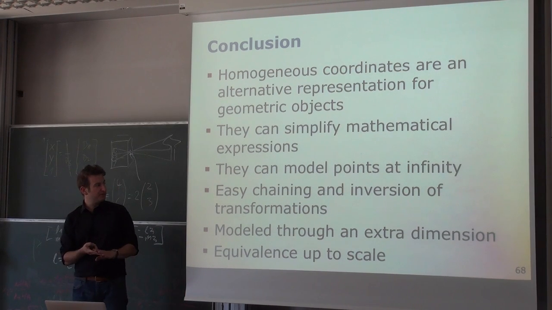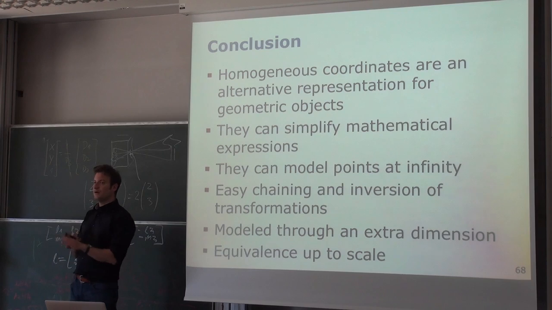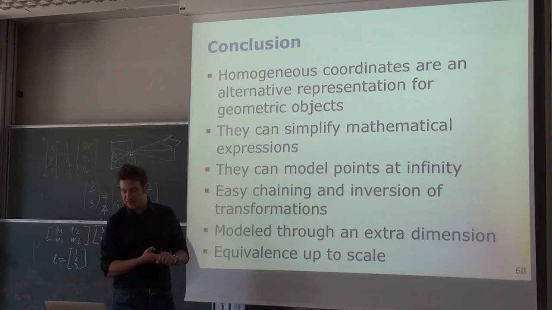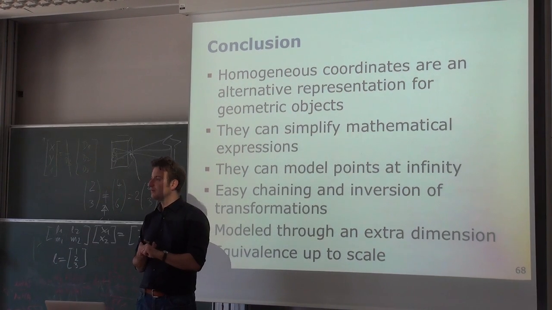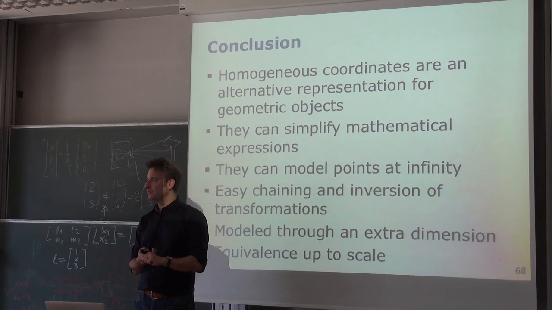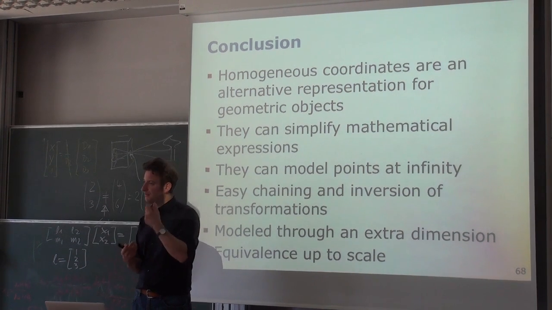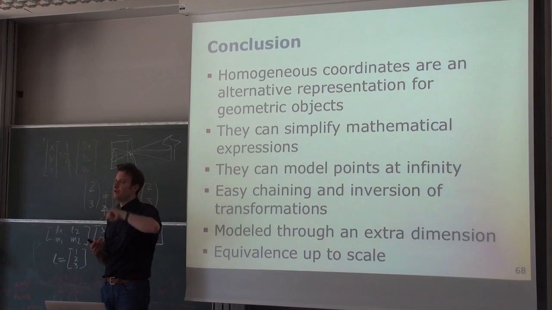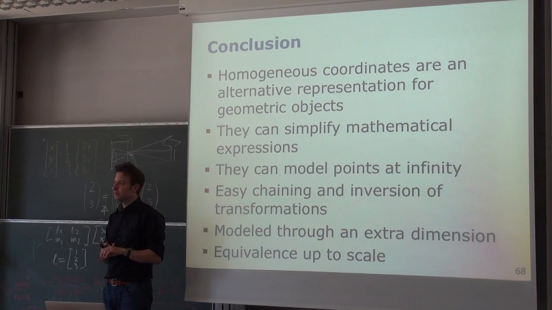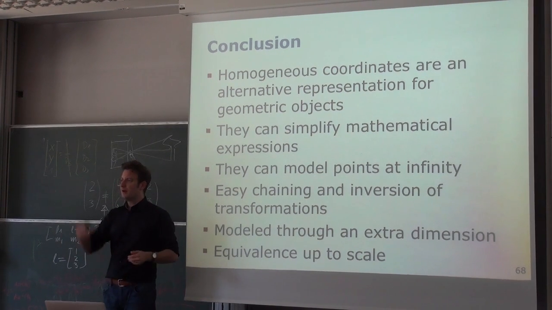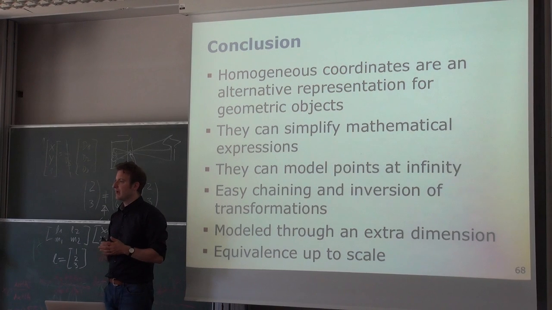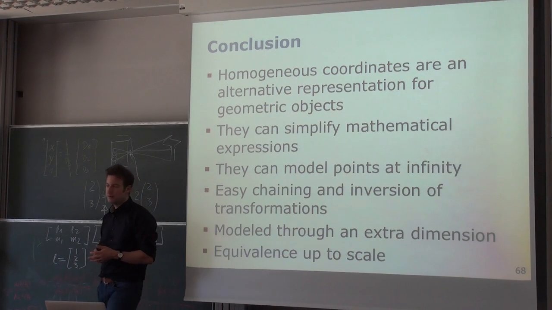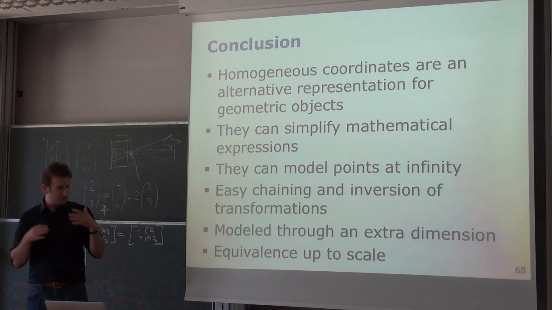We can represent points at infinity. And how homogeneous coordinates realize that is that they add an additional dimension. This additional dimension is used for normalization, for normalizing the other components when I map back to the Euclidean world. And by setting this normalization to 0, I have the chance of representing geometric elements at infinity.